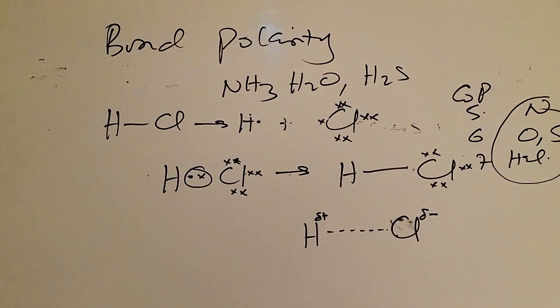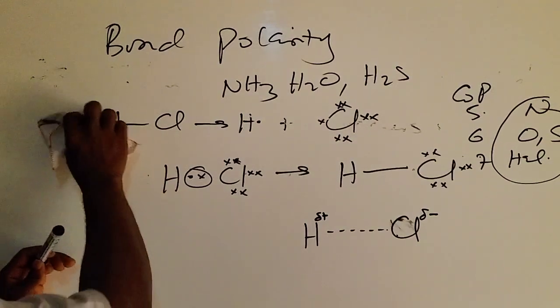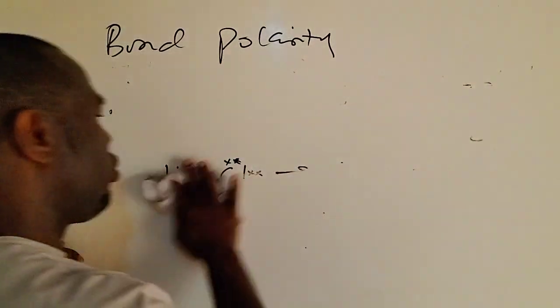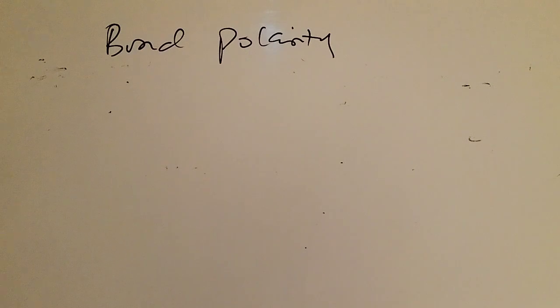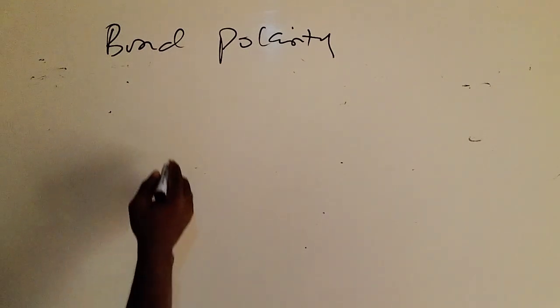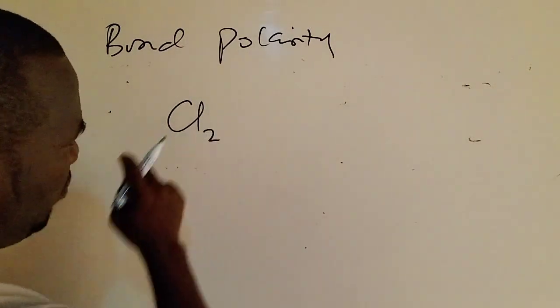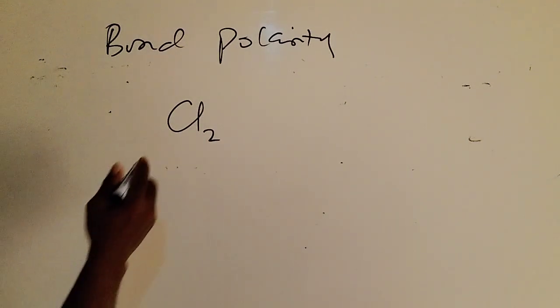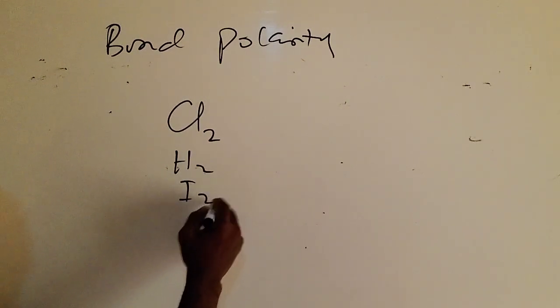That is not the only way to estimate polarity of a molecule anyway, but we can just try to have a guess. When there is a wide gap between the two elements in the periodic table, that molecule is likely to be polar. But if there's a narrow gap, then the molecule has a slim chance of being polar. Having done that, we now look at what if we have a molecule of the same atoms, a molecule made of similar atoms like hydrogen, chlorine, iodine, bromine.